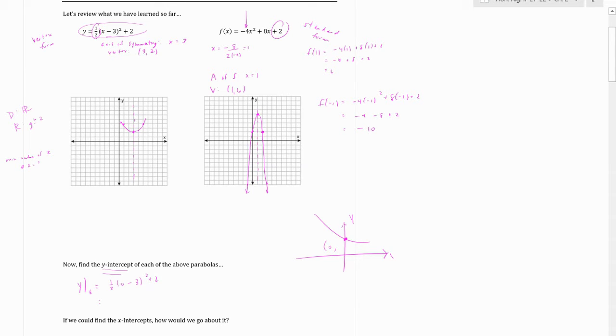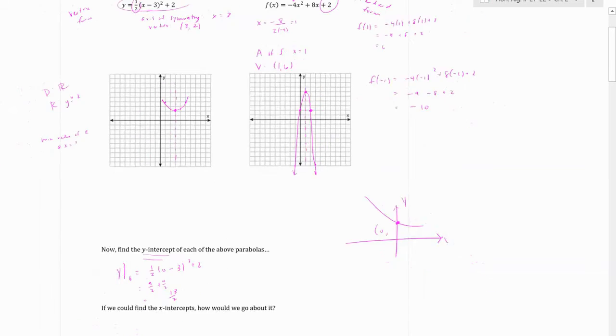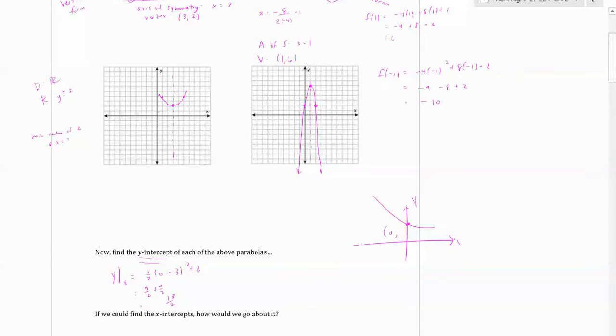What's that going to be? Half of 9 plus 2, so that's 13 halves. So had I found the y-intercept, it would have been at 13 halves, which is 6 and a half. So 1, 2, 3, 4, 5, 6, and then halfway. So then I could add a little bit better sketch.